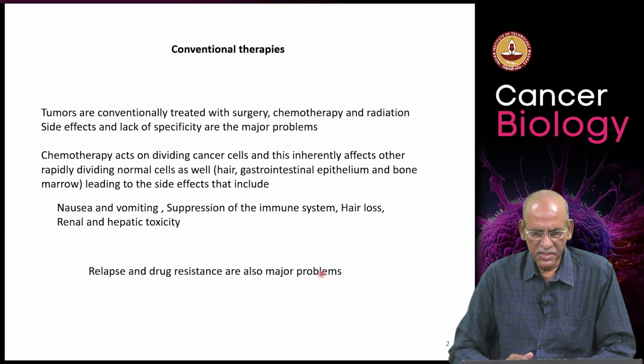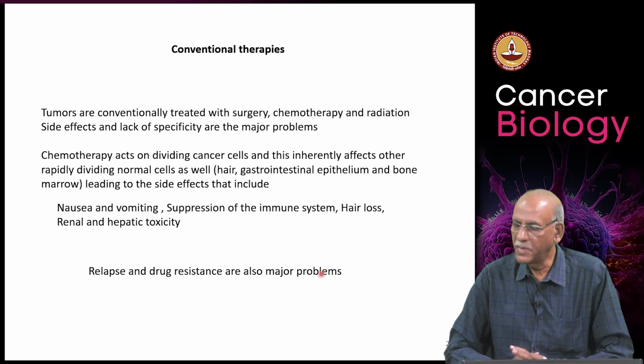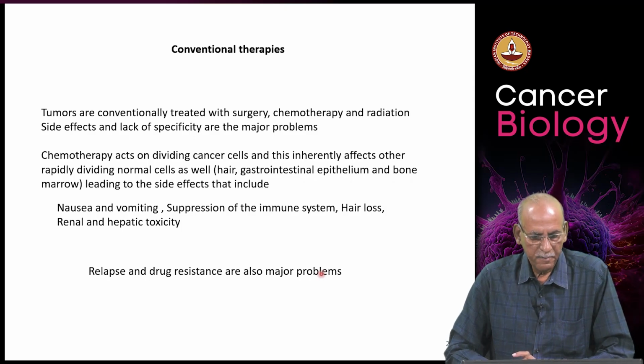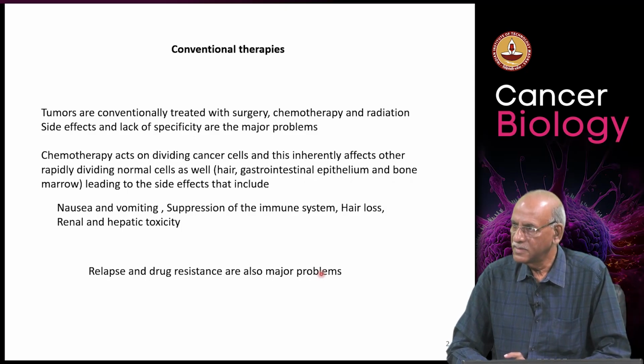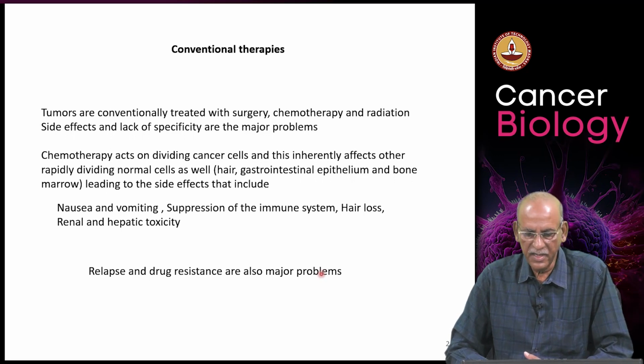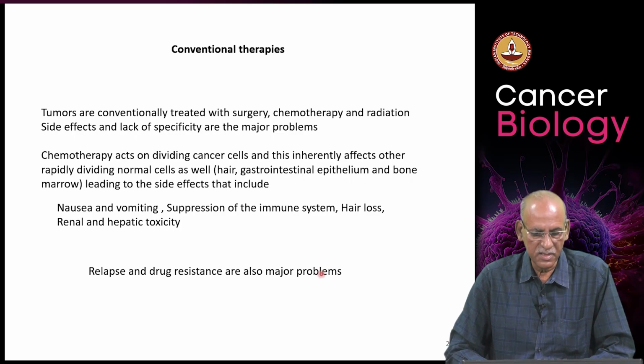Conventional therapies, as often repeated, are surgery, chemotherapy and radiation. Side effects and lack of specificity are the major issues there. The side effect is mainly because chemotherapy mostly acts on dividing cells, so this inherently affects other rapidly dividing normal cells.